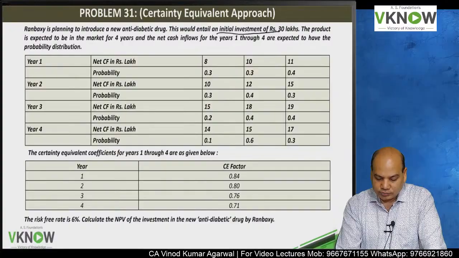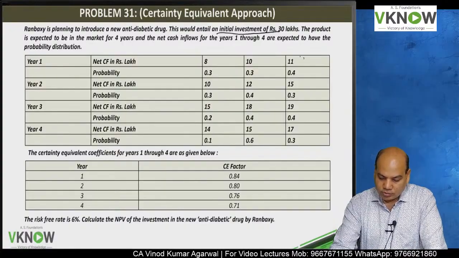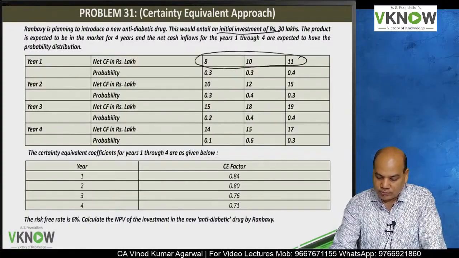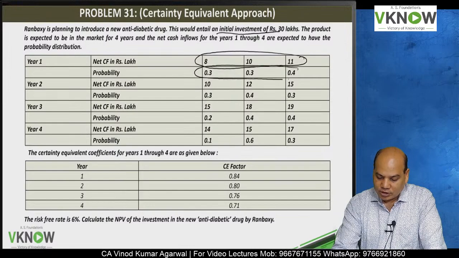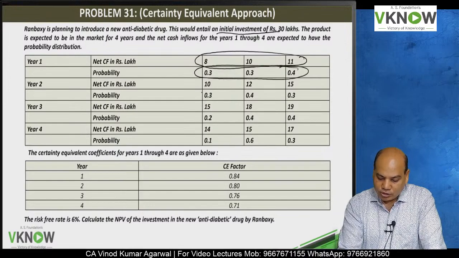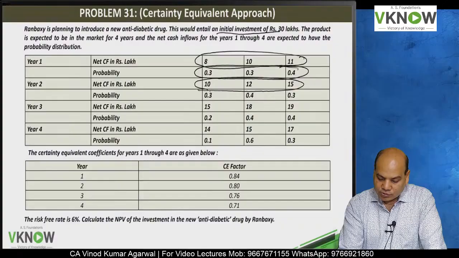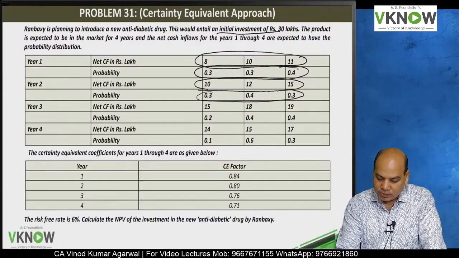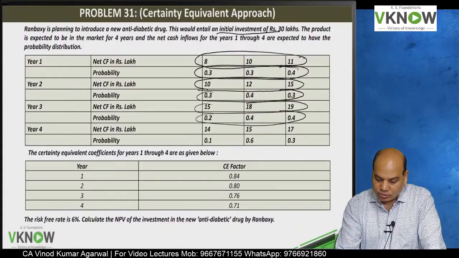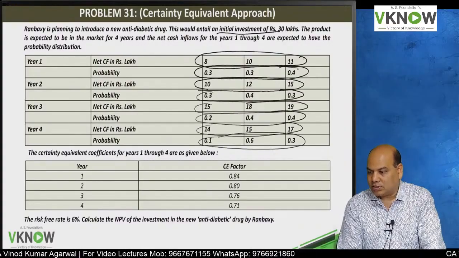Year 1, these are the cash flows, these are the probabilities. Year 2, cash flows, probabilities. Year 3, cash flows, probabilities. Year 4, cash flows, probabilities.